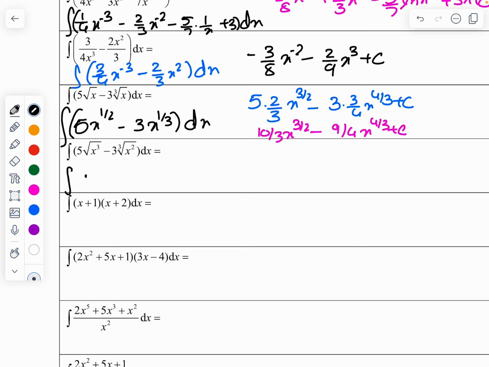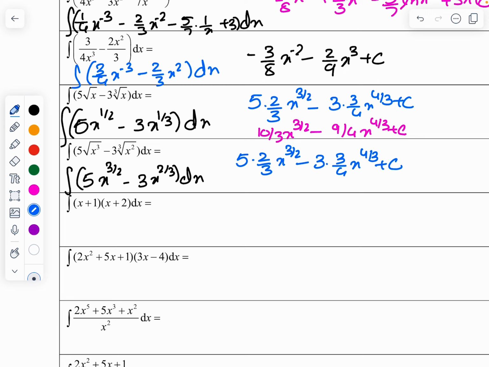For this, first step is integral of 5 x power 3 upon 2 minus 3 x power 2 upon 3 dx. So the answer will become 5 times 2 upon 3 x power 3 upon 2 minus 3 times 3 upon 4 x power 4 upon 3 plus c.